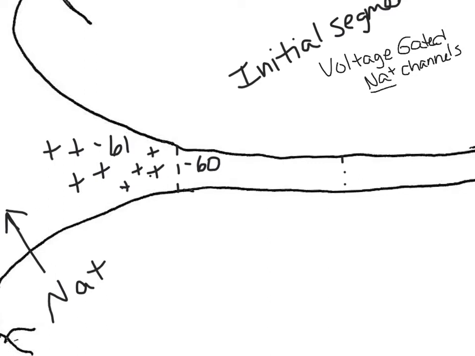Sodium. And what is it going to be sensitive to? Voltage. So they're not chemically gated anymore. Now they're voltage gated, so they're going to be sensitive to voltage changes. And our very first voltage change is -60. So the voltage gated sodium channels are sensitive to -60. So we'll draw a couple of those channels here.